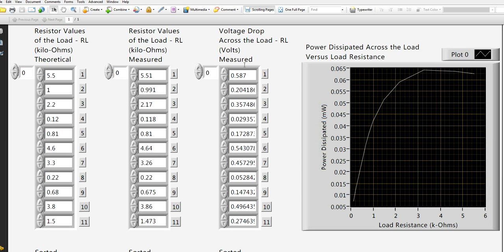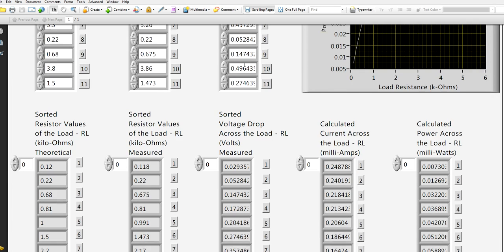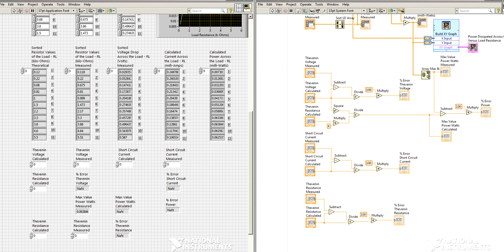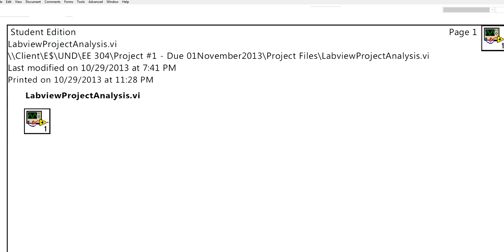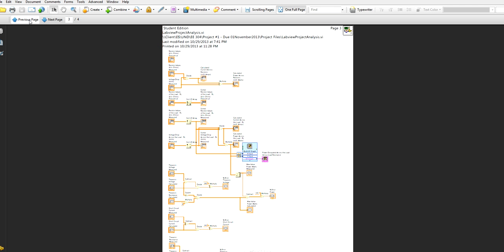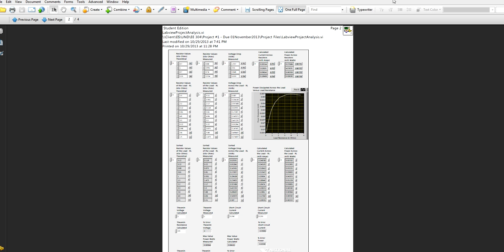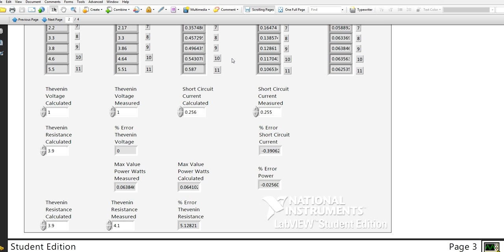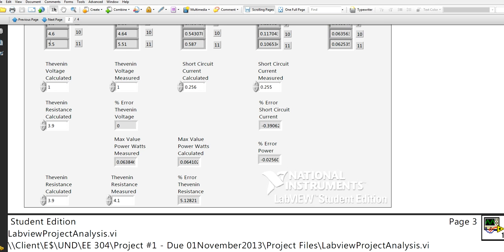Notice that this is just a printout of the same page that we're looking at, except with the last portion of it filled out. You scroll down toward the end, and this is again a printout of the same file we're looking at.